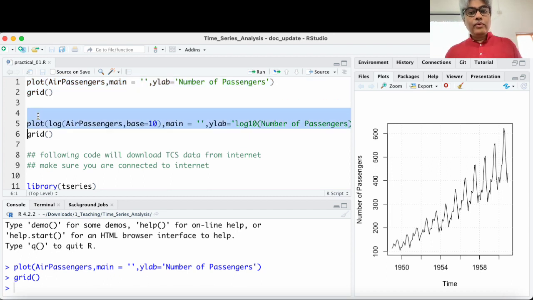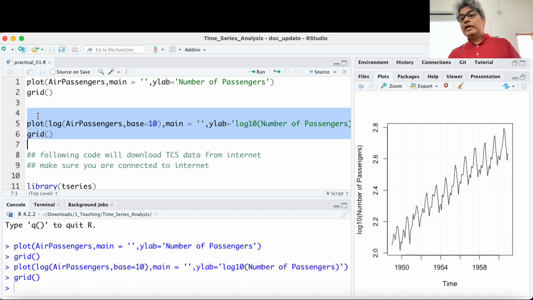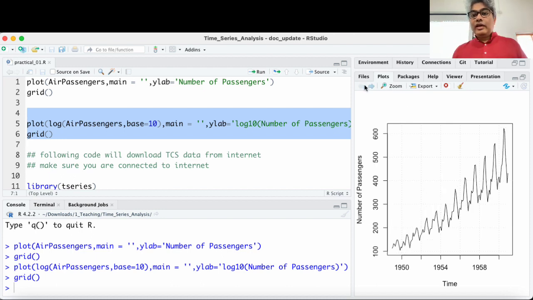Now if you take the plot, this piece of line does a plot in log scale, presenting the air passenger data in a log scale. In the previous plot clearly you can see the series is increasing at an exponential rate. That means whatever model you assume, the variability of your data was increasing with time.